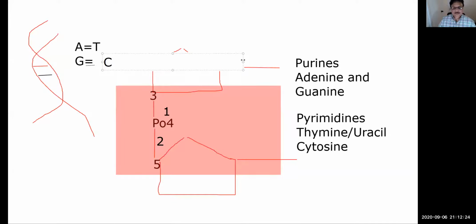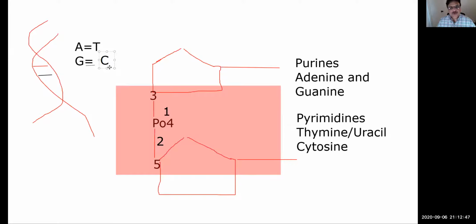So that's essentially the structure of DNA. DNA is a double helical molecule. The strands are anti-parallel. The double-stranded DNA is made up of sugar and phosphate connected by phosphodiester bonds, and these two strands are connected by nitrogenous bases.